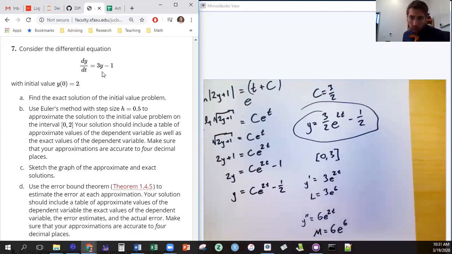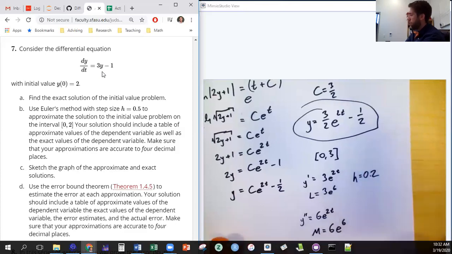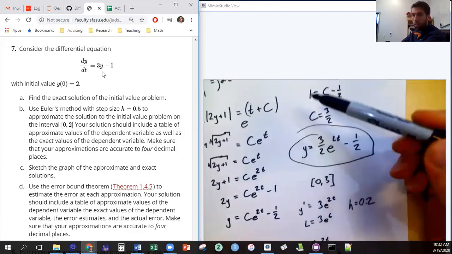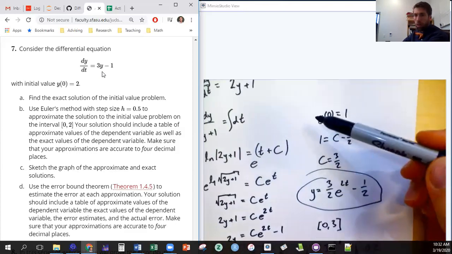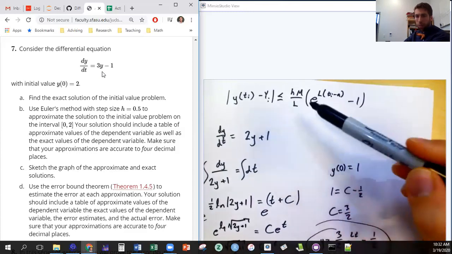And then my h, let's say in your homework you're using h as 0.5. Let's say I'm using h as 0.2. Then I just plug all of these things into this theorem right here. That tells me an error bound.